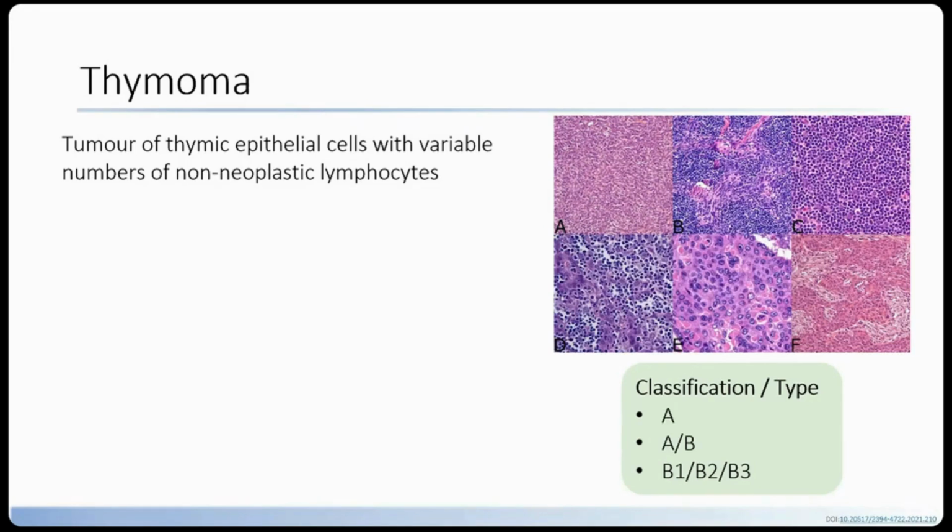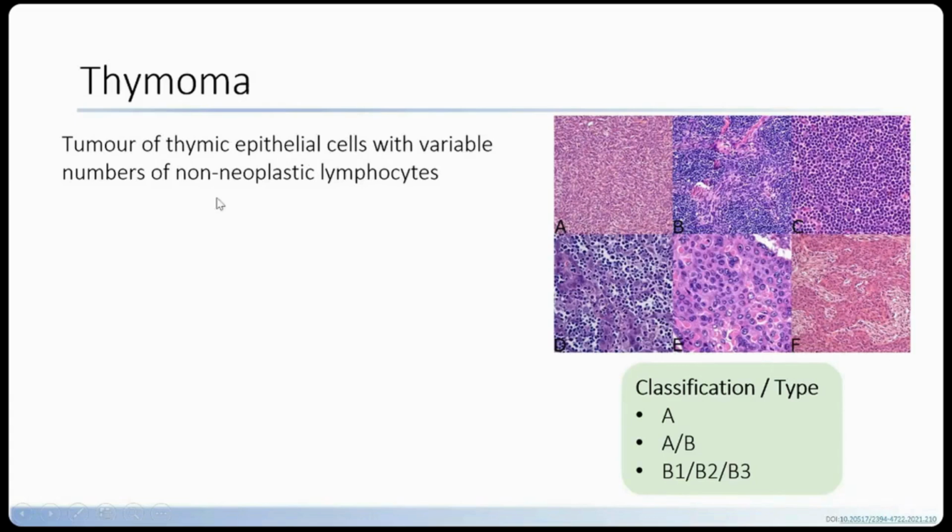A B1 thymoma, which has a high number of lymphocytes relative to epithelial cells, again does pretty well, whereas a B3 thymoma, which is in panel E here, is epithelial rich and lymphocyte poor, and has a much poorer prognosis before you then tip into thymic carcinomas.